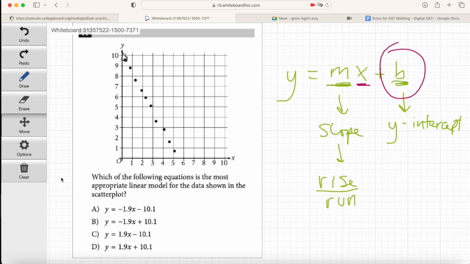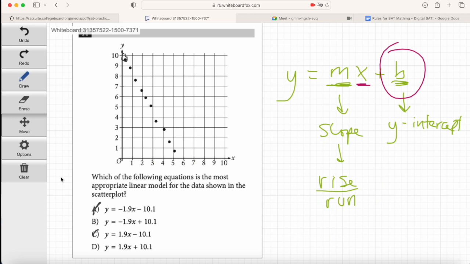Well, some have 10 and some have negative 10. Oh, right. Do you see that now? Yeah, you can get rid of C and you can get rid of A, because the y-intercept just isn't negative 10. We can get rid of those right off the bat. Does that make sense? Yeah.